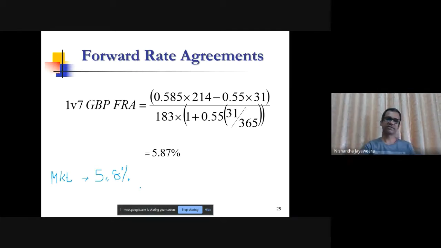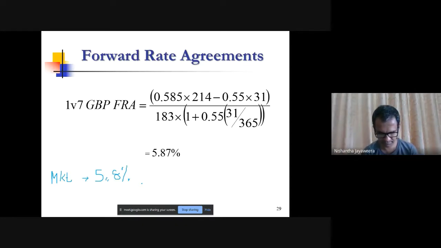When you calculate, the rate comes as 5.87, but in the market it is 5.8. Should you buy the FRA or sell the FRA? Sell.